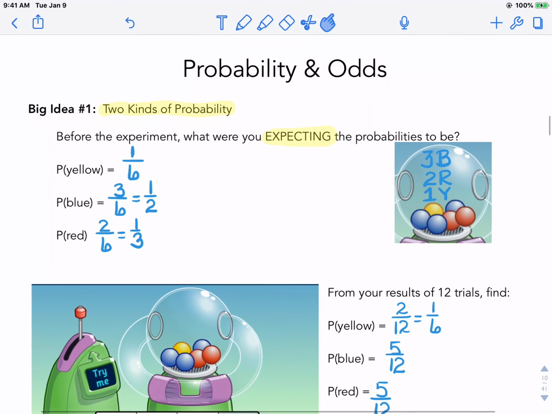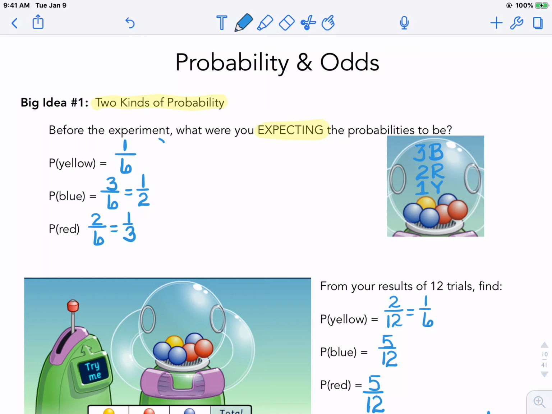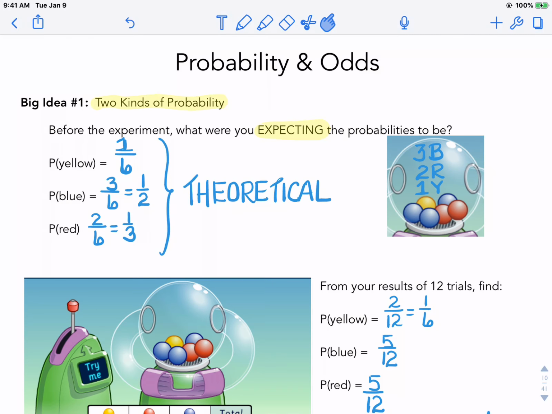So would you go back up to expecting? These were all theoretical. We ran that based off the formula for theoretical that said, what are you expecting to have happen out of how many things can happen? So what we calculated up there was theoretical. We used that formula that said how many things can happen out of how many things are possible, how many outcomes are equally likely.